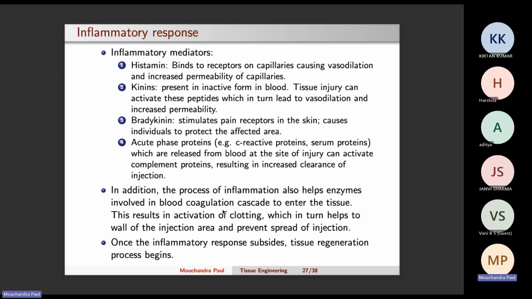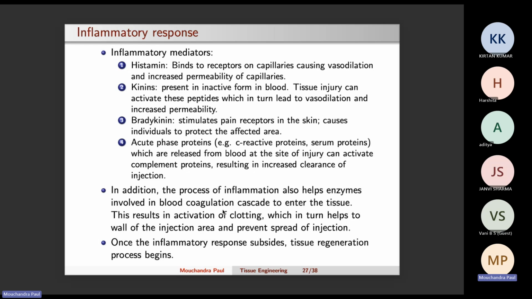Then only the real tissue regeneration process will begin. At that tissue area, the damage is still there, although the pathogen is removed, but that tissue gap has to be filled. So how will it be done? The resident cells of that particular tissue will proliferate and secrete the ECM proteins, and try to cover that area.